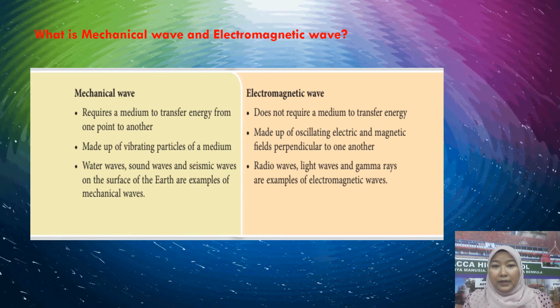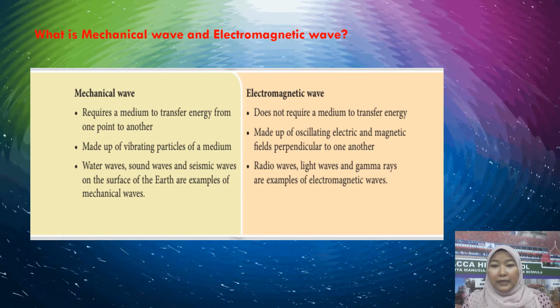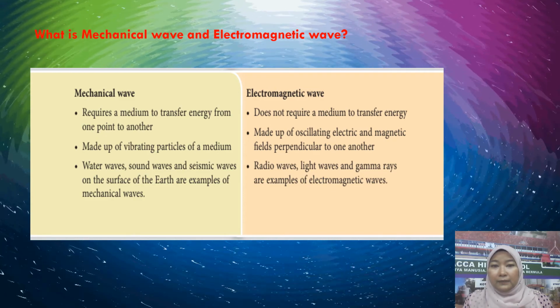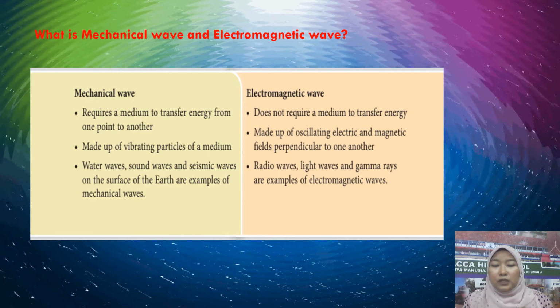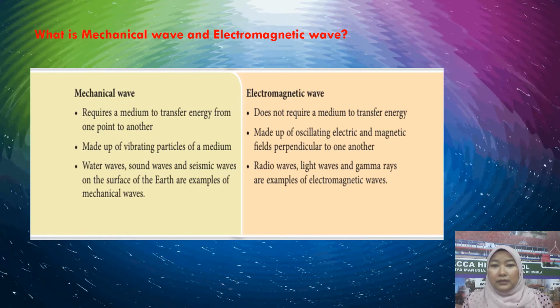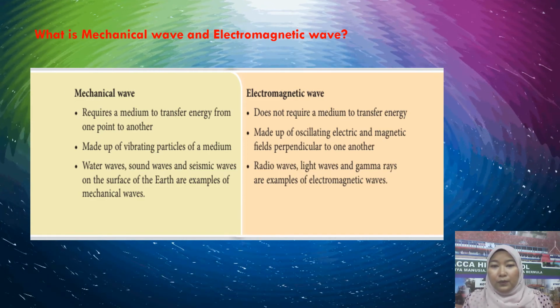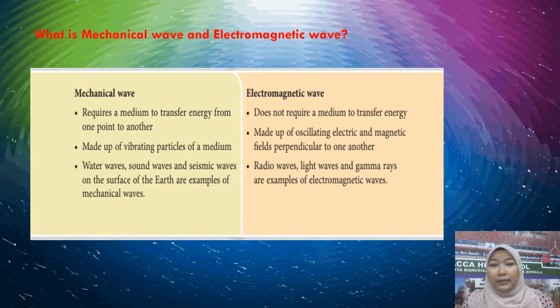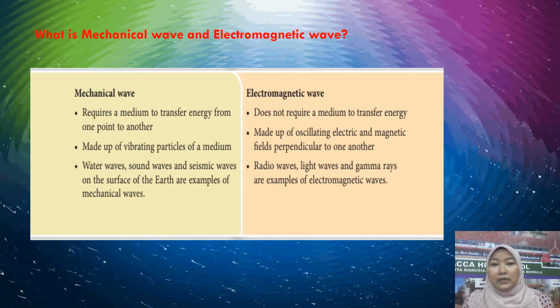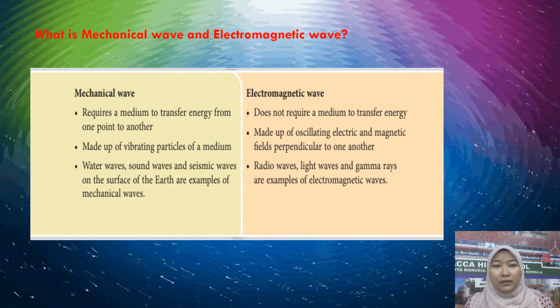Electromagnetic wave does not require a medium to transfer energy, made up of oscillating electric and magnetic fields perpendicular to one another, such as radio wave, light wave, and gamma rays. We can learn further about electromagnetic wave in subtopic 5.7.